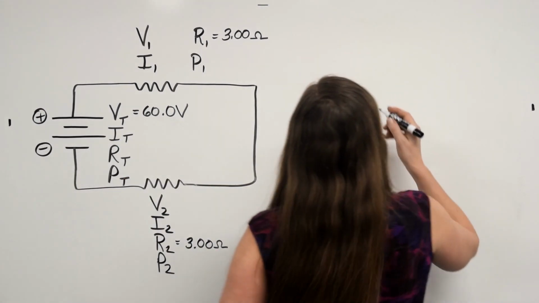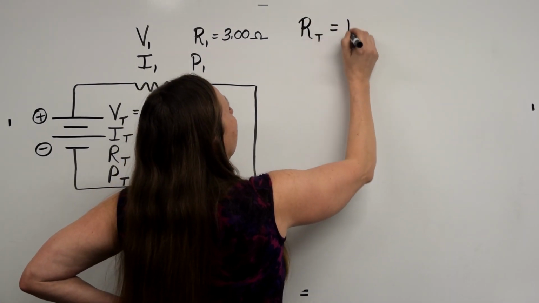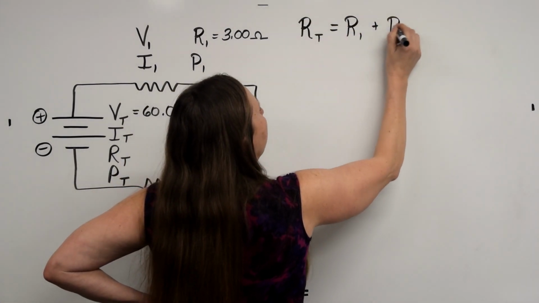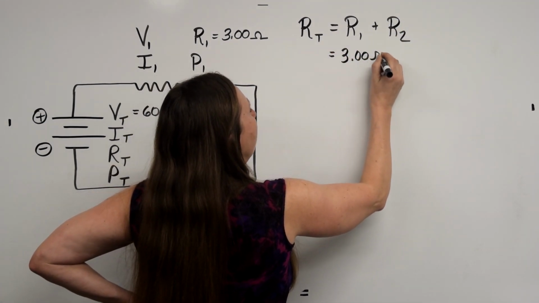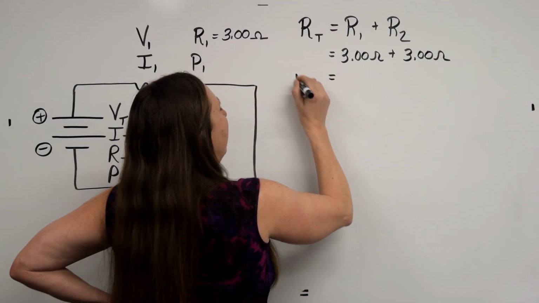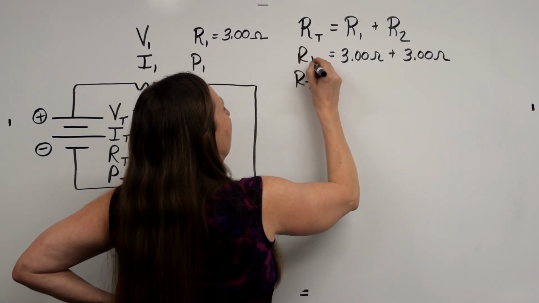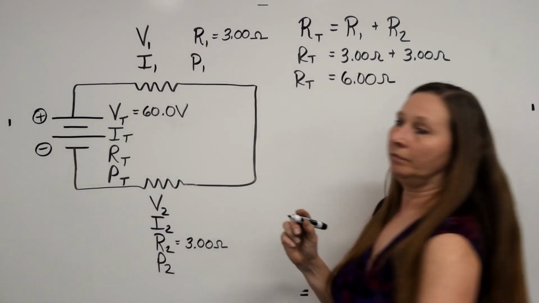So let's do that now. For a series circuit, R total is going to be R1 plus R2. So we've got 3 ohms plus 3 ohms. So that means that R total is going to be 6 ohms.